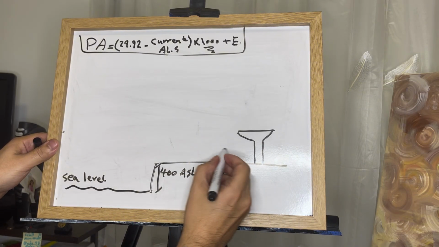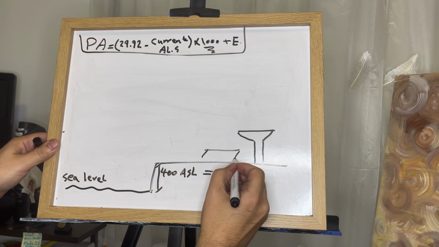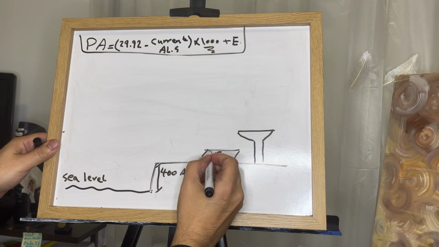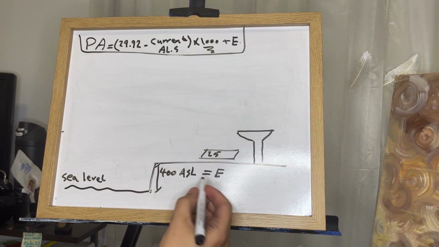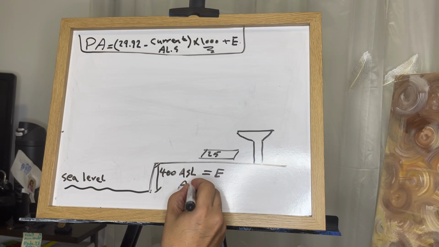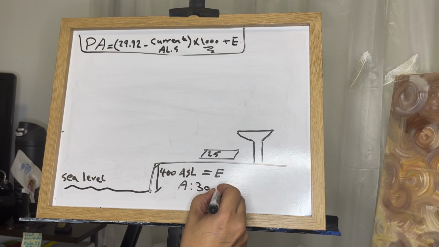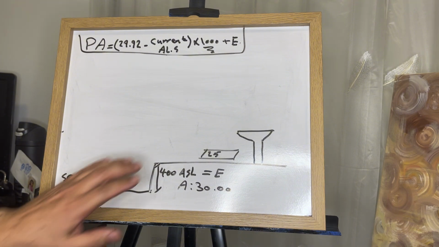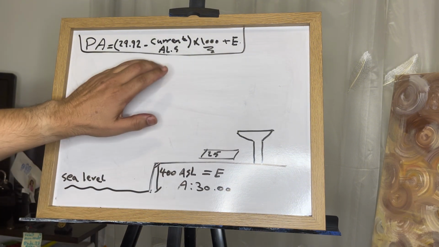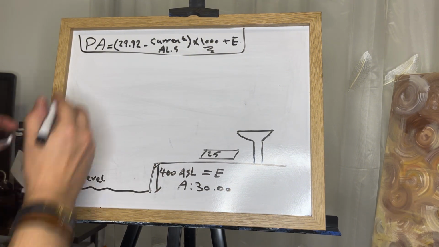Elevation equals 400 feet. This is runway 25, for example, and the altimeter is set, for example, to 30.00 inches of mercury. So we want to calculate the pressure altitude at this station.